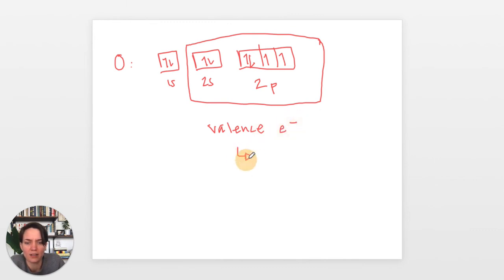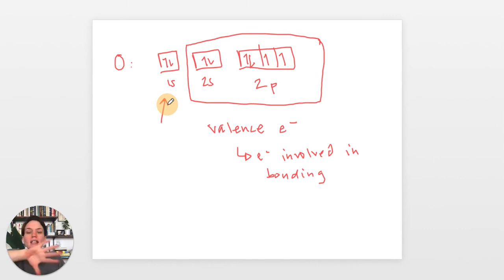Valence electrons are going to be the electrons involved in bonding. If it's a larger atom and you're at like n equals 3, anything that precedes that n level is called your core electrons. And they are not involved in bonding.